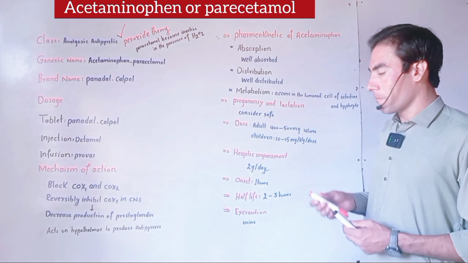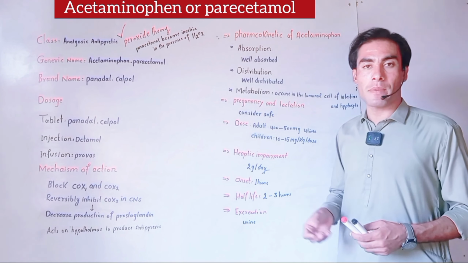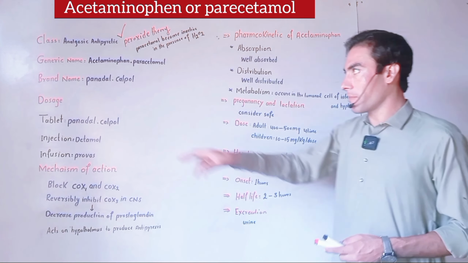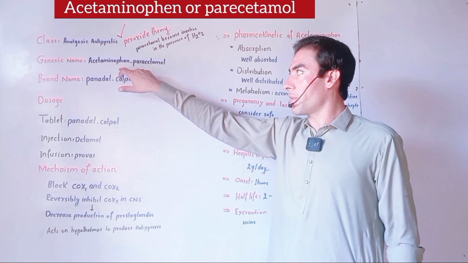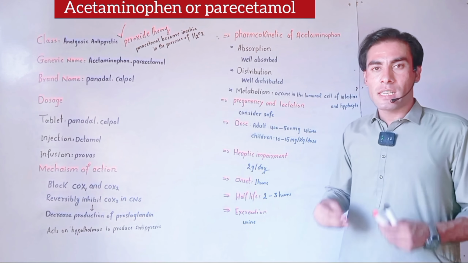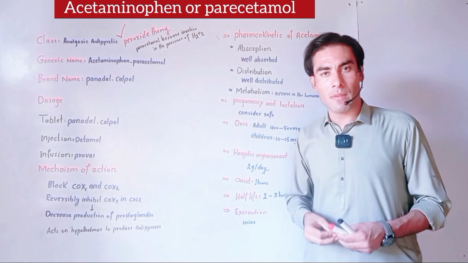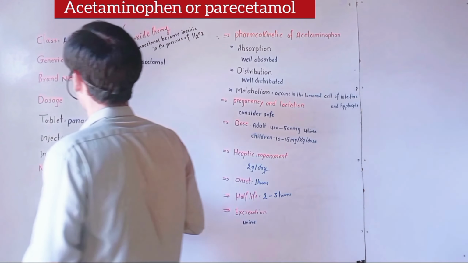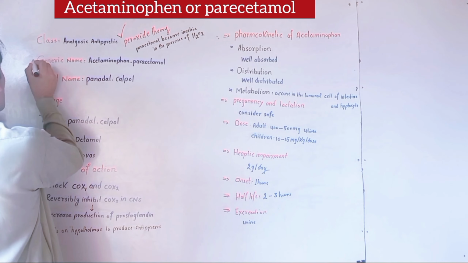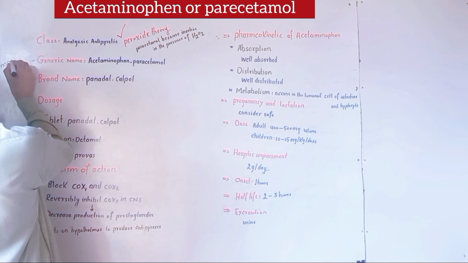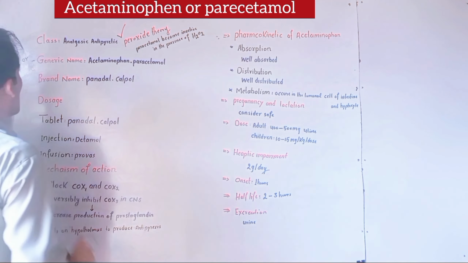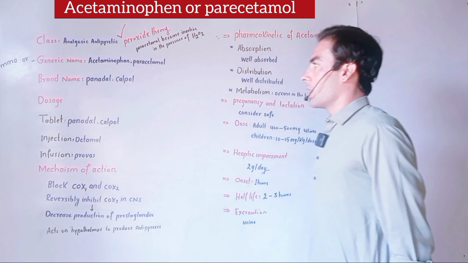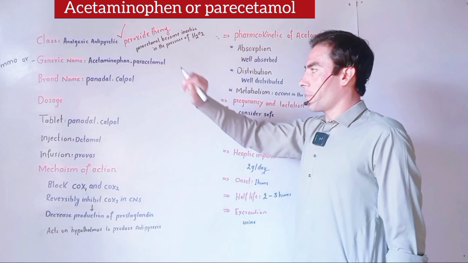Now come to nomenclature. There are two types of naming systems for a drug. Number one, the generic name, for example acetaminophen or paracetamol. The generic name is the common name of a drug, or non-proprietary name, that is acetaminophen or paracetamol.